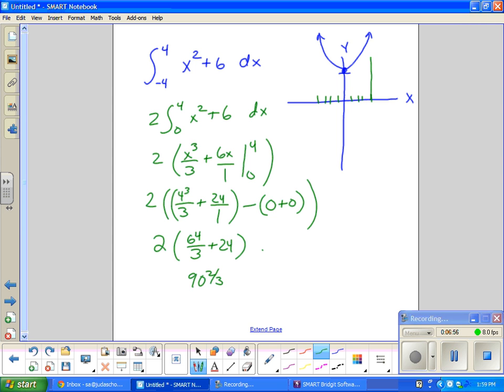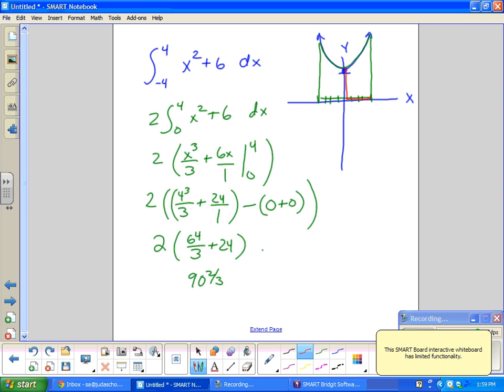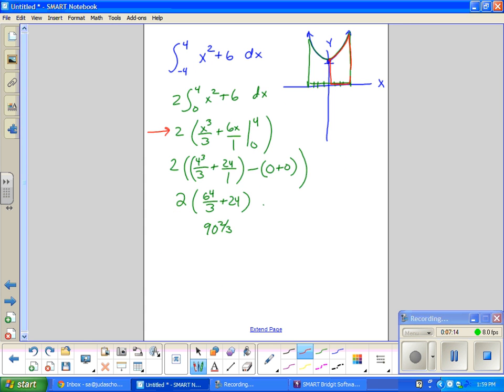We keep it to scale. What we just found is this area underneath. What we did, though, is we cheated and doubled the red area. All right? If you want to do the integral from -4 to 4, the only change is at this step right here. Well, obviously, the limits of integration change, and we lose the 2.